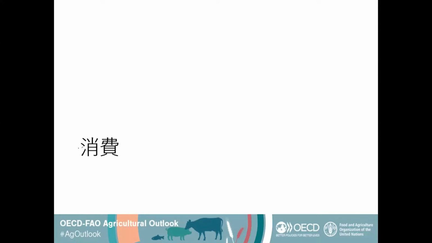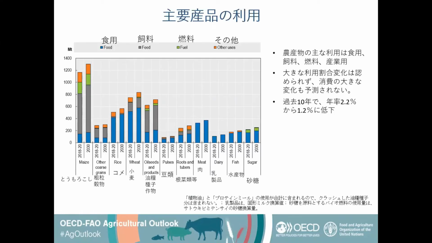Next, please. So far the setup, and now I would like to introduce our consumption projections. Next, please. Starting with a global overview of the major uses that we consider: food, feed, fuel, and industrial applications.